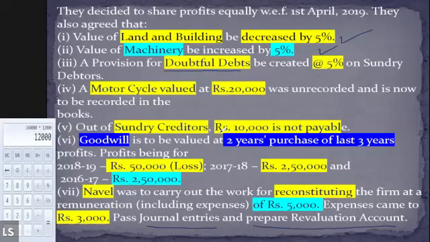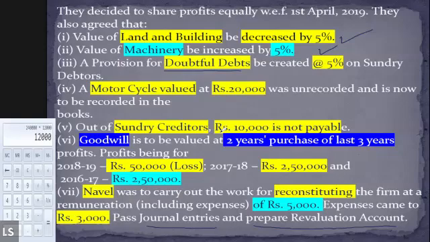He is taking the responsibility that he will carry out all kinds of work relating to the reconstitution of the firm, and on account of that he will be charging some remuneration, since he is actively working for it. So he requires a remuneration of 5,000 as compensation for whatever he does at the time of reconstitution of the firm, right?